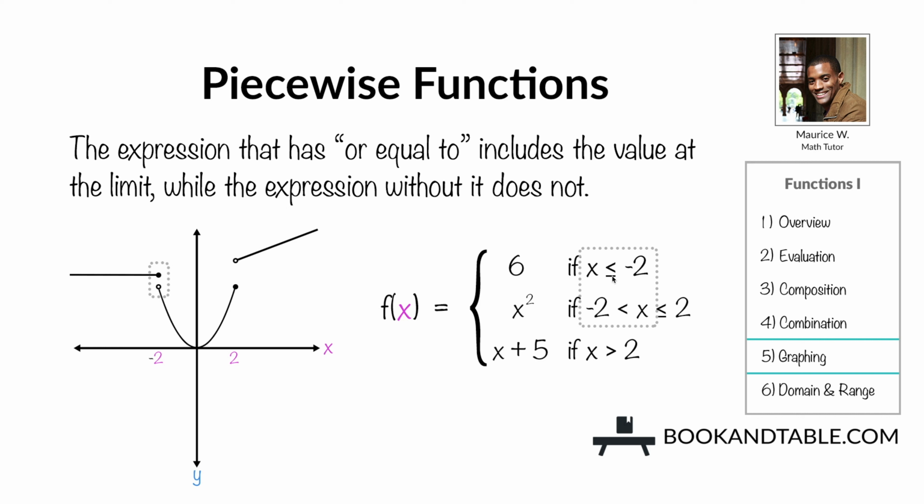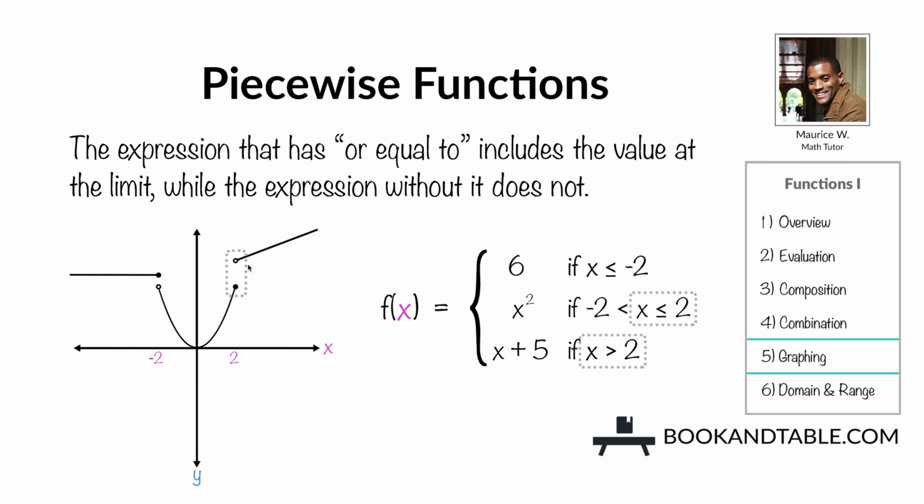So since x can equal -2, the first interval has a circle that's filled in, but the second interval is empty since this is x is greater than -2, but it is not equal to -2. Only one of them can have this equal sign. The function can't be equal to both, or else it would have two y values affiliated with that one x, and then it would not be a function.